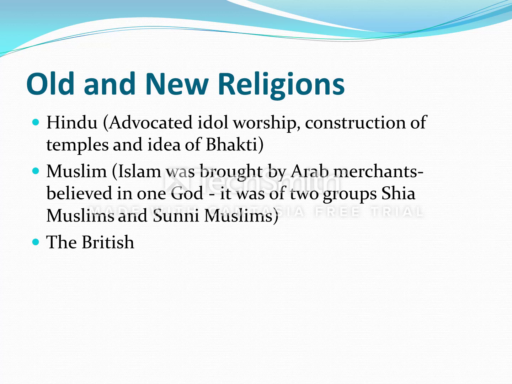During the medieval period, the idea of bhakti came into the society. Bhakti means devotion to God. Bhakti saints preached that one can reach God by devotion to God without the aid of priests and costly rituals.